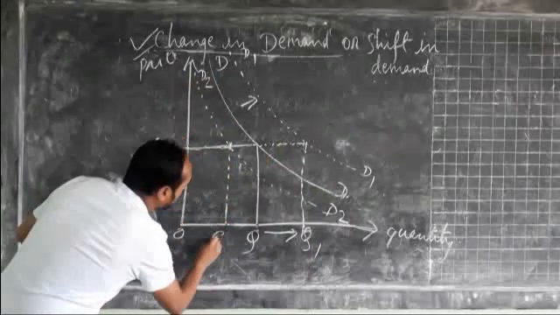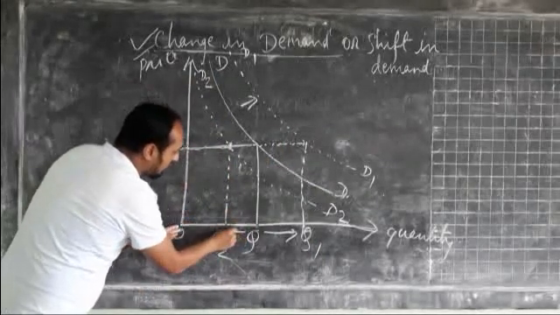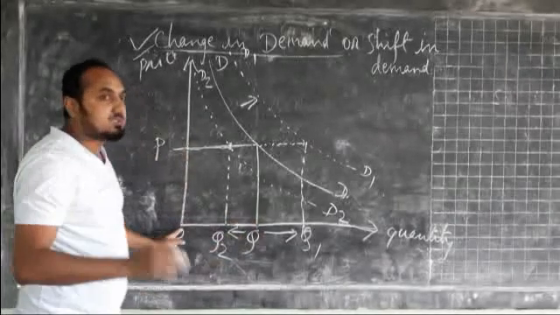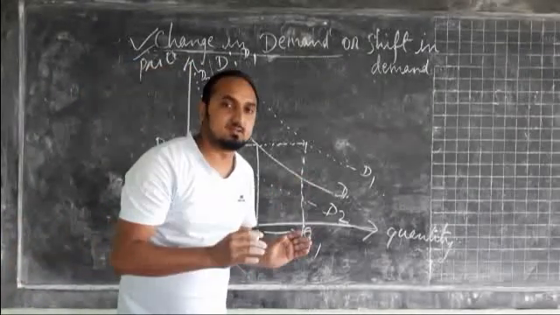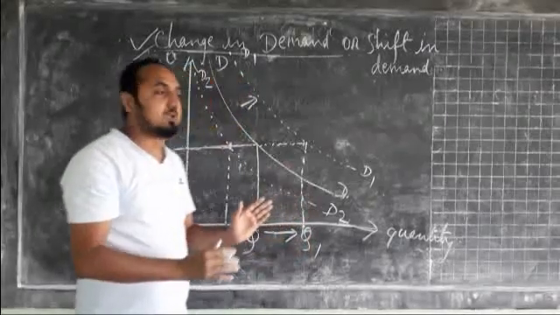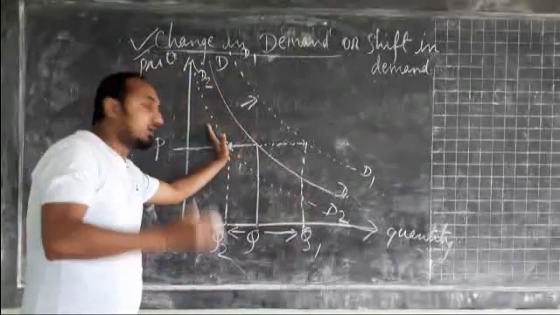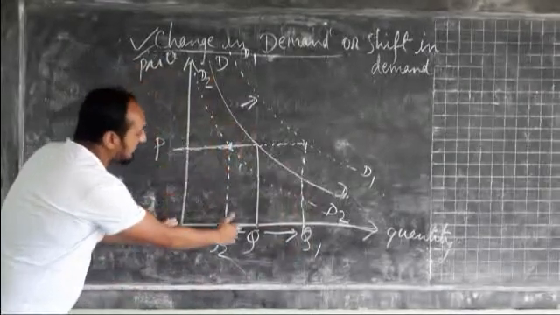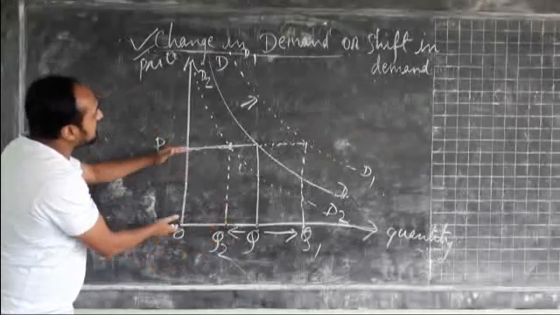So here the quantity demanded is decreasing from OQ to OQ2. When income of the consumer decreases, the demand curve will shift leftward, showing that the quantity demanded will decrease from OQ to OQ2 at the same price.